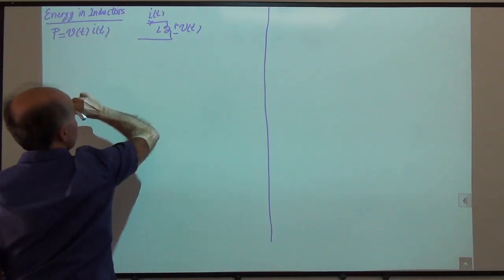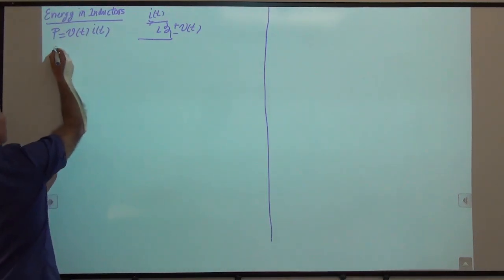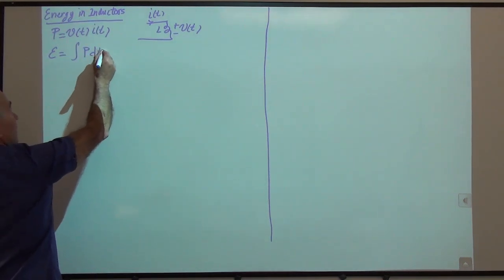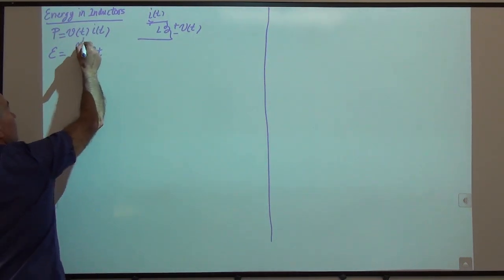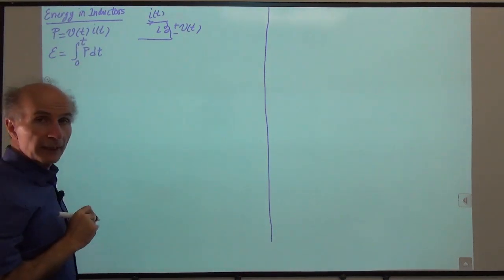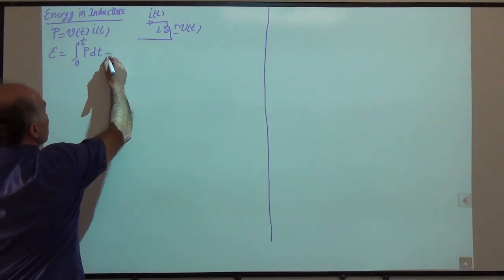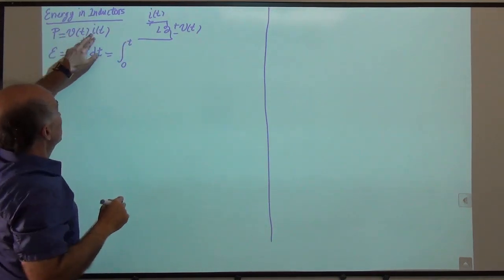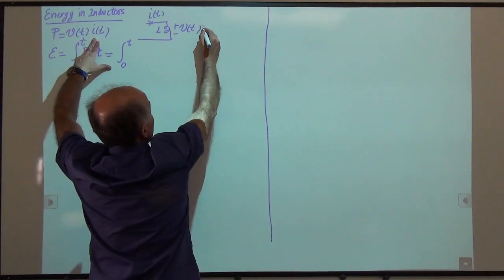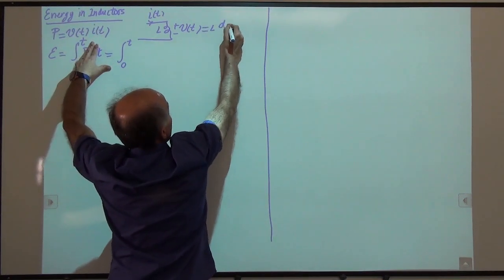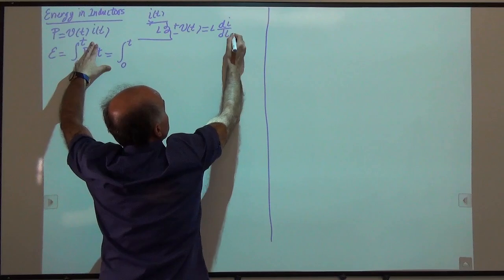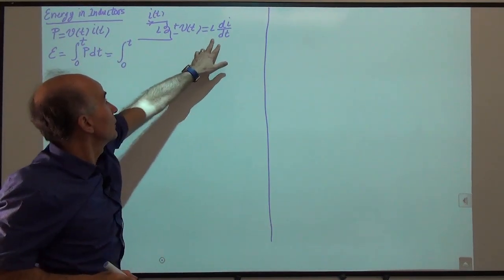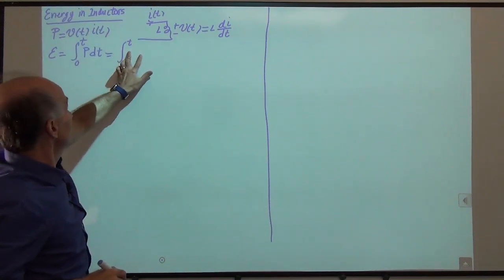And then I'm interested in energy, and I know that energy is the integral of power with respect to time from some 0 to some t. So we'll go ahead and integrate this. Integral of 0 to t, P is V of t, I of t. Now I know that for an inductor, V equals L di over dt. So why don't we replace V in this equation?